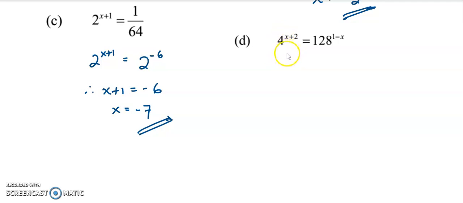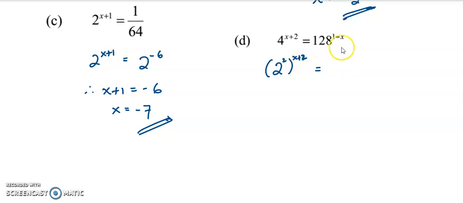Question D, it's a simple question. On both sides we convert into the same base, that is 2. 4 can be written as 2 to the power of 2, and the original question has a power of x plus 2.